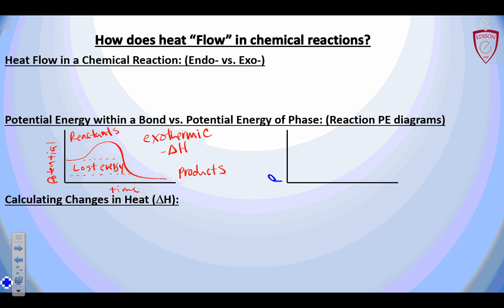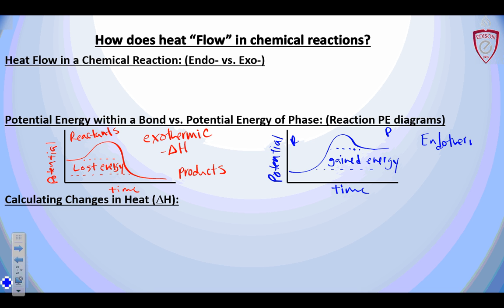Now we're going to have another curve, and you can guess that if it's going to be endothermic, it's going to be opposite. The heat of the products is going to be higher than the heat of the reactants, or the potential energy of the two. We will get into these in much more detail in a later unit, but a little foreshadowing never hurts.